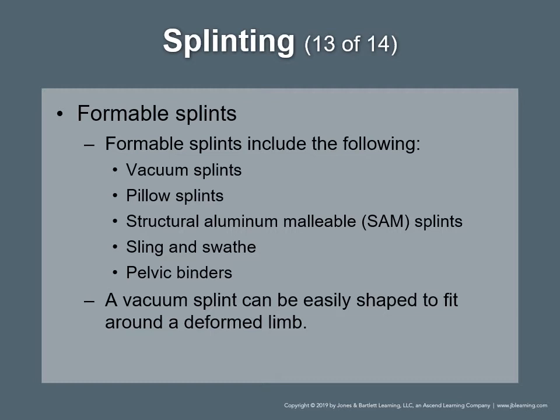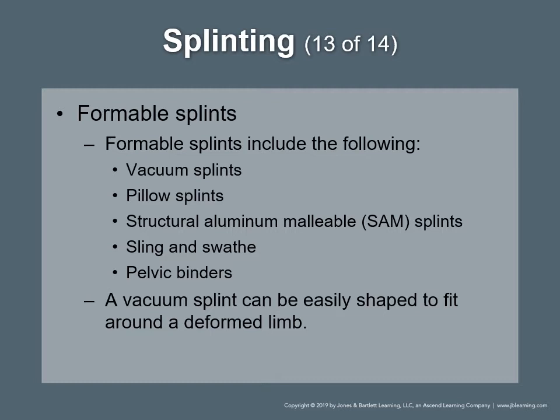Formable splints. Formable splints include the following: vacuum splints, pillow splints, structural aluminum malleable or SAM splints, sling and swathe, and pelvic binders. A vacuum splint can be easily shaped to fit around a deformed limb.